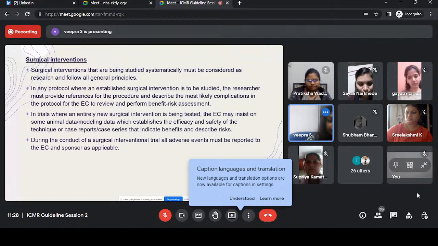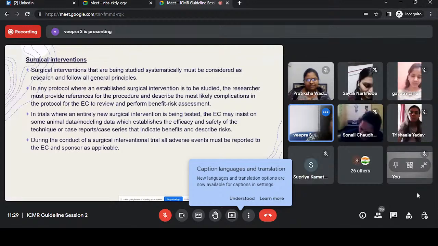So my point, which is mentioned here in the ICMR guideline, is that due to ethical issues, sham surgery should not be included in the design of the clinical trial without strong scientific reasons.